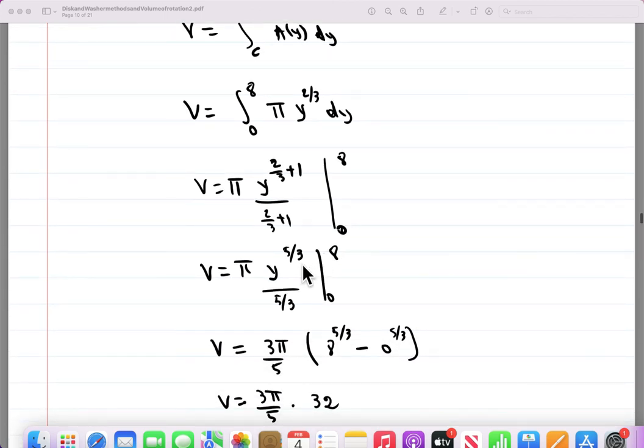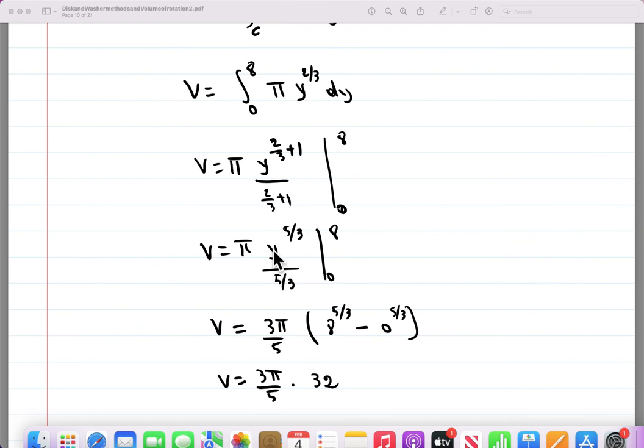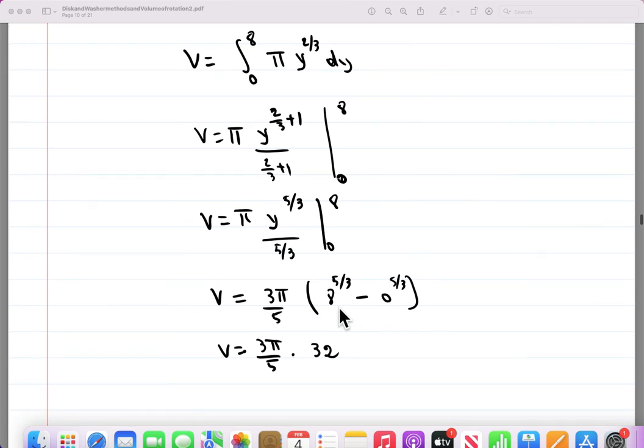So when you plug in 8 for y, you get 8 raised to 5/3 minus, when you plug in 0 for y, you get 0 raised to 5/3. And by dividing by 5 over 3, by dividing something by a fraction, you can flip and multiply. So when you flip 5/3, it becomes 3/5. So 3 times pi divided by 5.